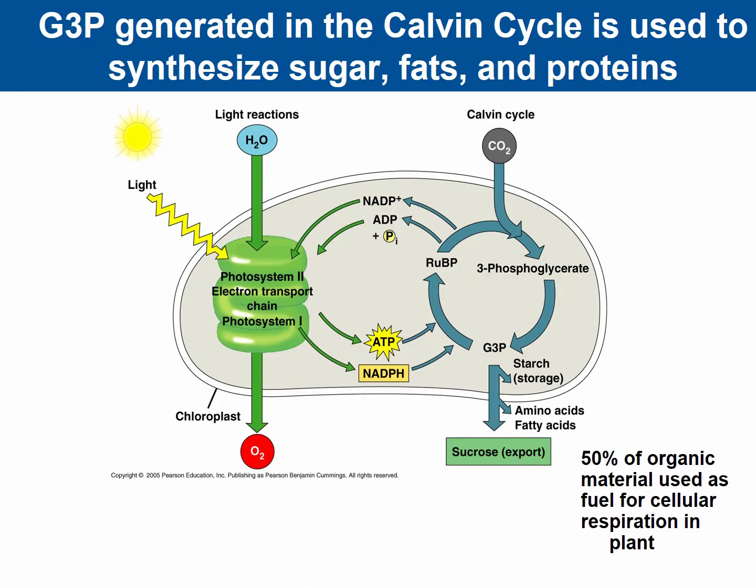Now, that G3P that gets produced during the Calvin cycle can be used for several things. About 50% of the organic material that the plant makes is going to be used as fuel to power cellular respiration in the plant. A lot of students get confused thinking that the plant makes the sugar and also makes this ATP, and that's enough energy.